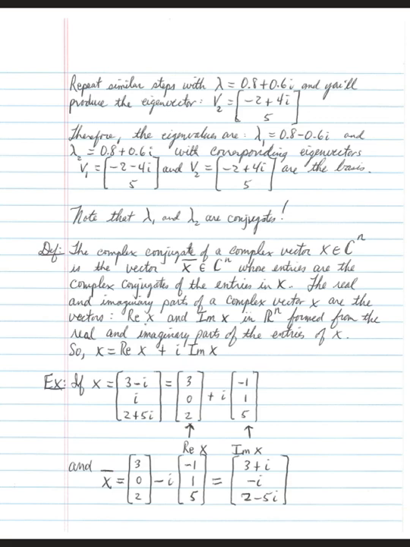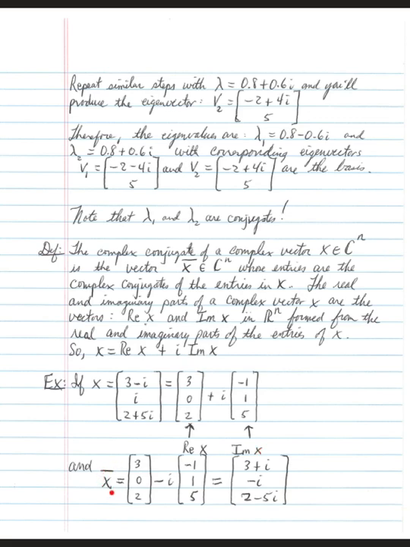Example: suppose your vector x is 3 minus i, 0 plus i, and 2 plus 5i. If you strip off the real parts, you have 3, 0, and 2. The real part of vector x is 3, 0, 2. The coefficients for i are negative 1, 1, and 5. So that imaginary part will have coefficients negative 1, 1, and 5.